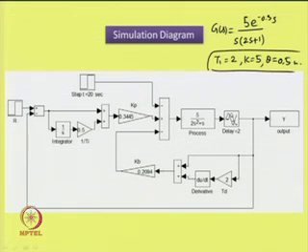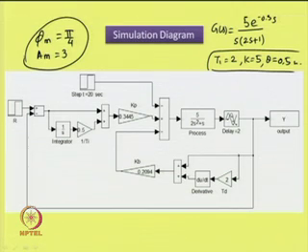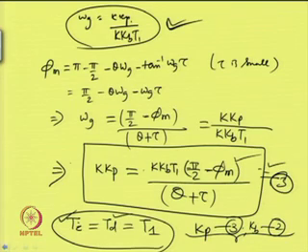Let us choose the phase and gain margins to be phase margin is equal to 45 degree, that means pi by 4, and gain margin A M is equal to 3. So, with these choices of phase and gain margins, using the expressions 2 and 3, we will be able to estimate the unknown parameters of the controller.